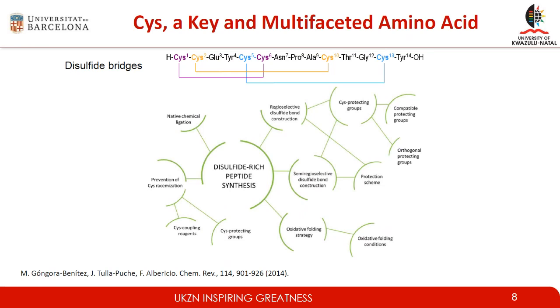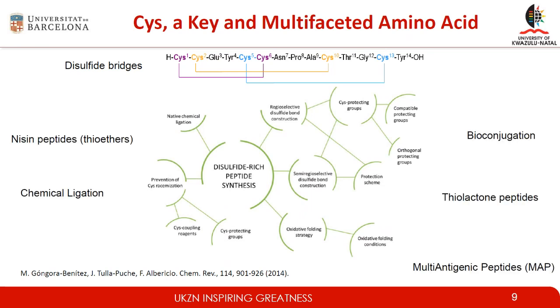It's not only about peptides containing disulfide bridges, but also we have nice peptides: thioether, chemical ligation, bioconjugation, thiolactone peptides, just a single cycle with a thioester, and also cysteine is very useful for the synthesis of multi-antigenic peptides, MAPs. A real world around cysteine.